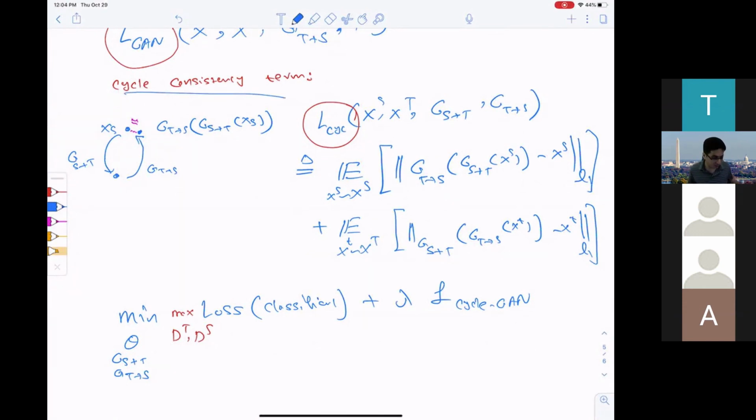I see there's a question. Amir, go ahead. What if instead of the cycle loss, there was some sort of a normalizing flow type generator which was by definition invertible, or by design invertible? Do you think that's feasible? Oh, so you want to use an invertible function going back and forth between the two domains? Yeah, I think that's doable. Not sure if people have looked into that, but that's doable.